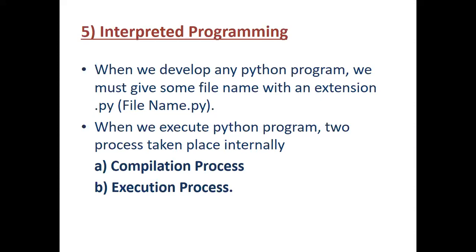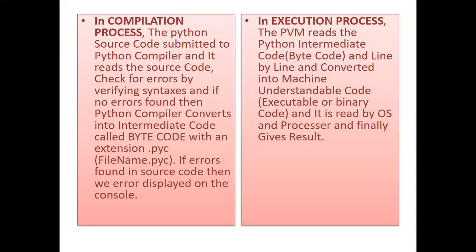Now, whenever we execute a Python program, two processes take place internally. One is the compilation process and the other is the execution process. What do we understand by the compilation process? The Python source code is submitted to the Python compiler.